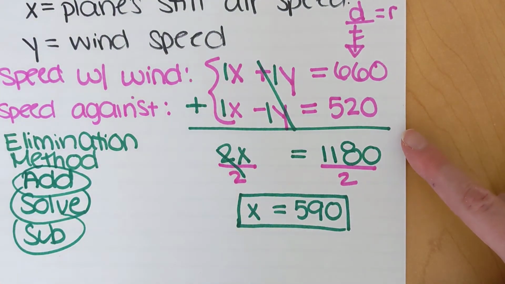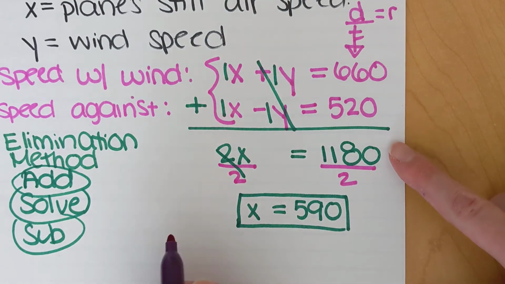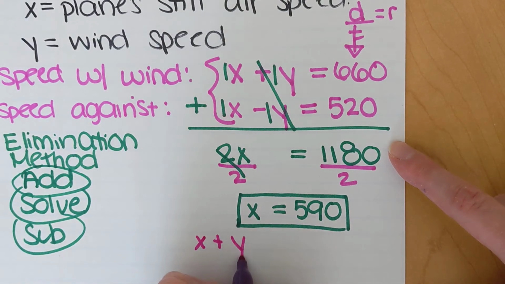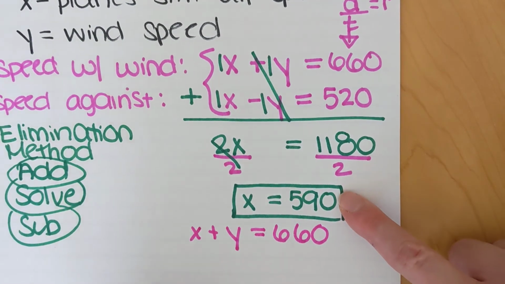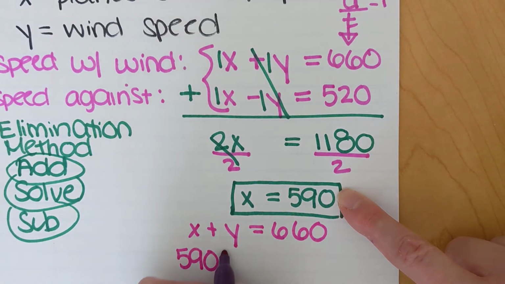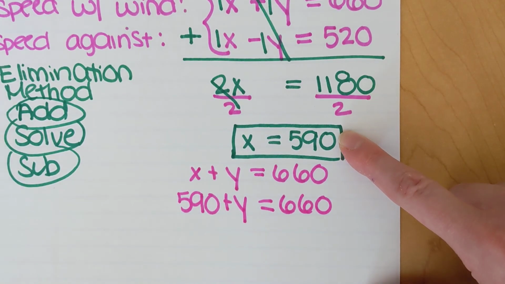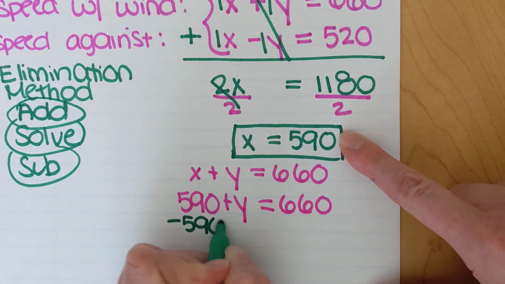So to substitute in, you can plug in either equation, it doesn't matter. So I might pick the first equation, that x plus y equals 660, and plug in that x is 590 plus y equals 660. And then just subtract the 590 from both sides.